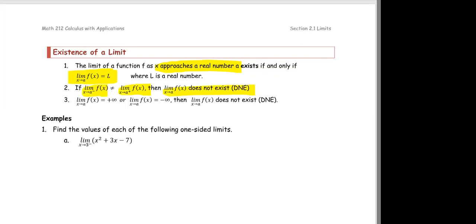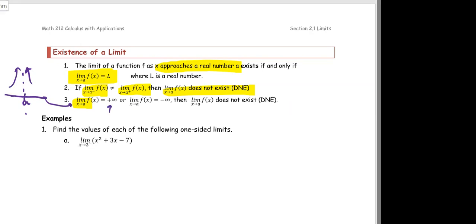And the last conclusion: the limit as x approaches a, as you see no superscript, is considered a two-sided limit. For this situation, you have the value a and both sides approaching positive infinity, or growing without bound.